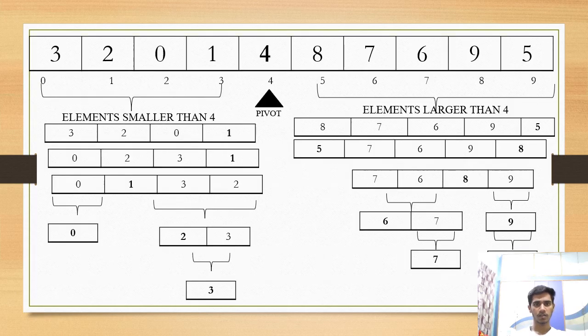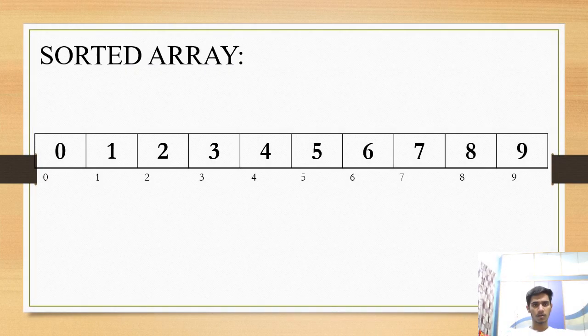Now element 4 is in the middle of the array. Elements smaller than 4 are considered as the left subarray and elements larger than 4 are considered as the right subarray. Left subarray and right subarray are sorted recursively. This is the sorted array of 10 elements.